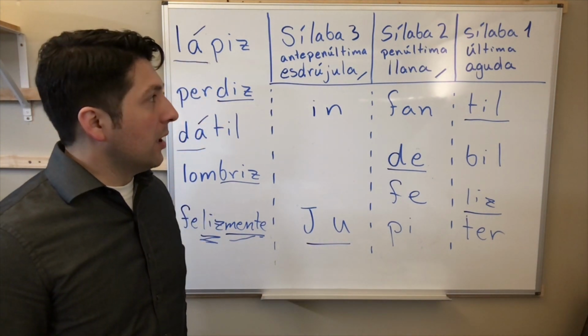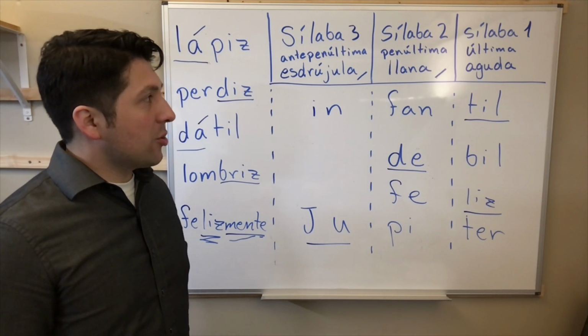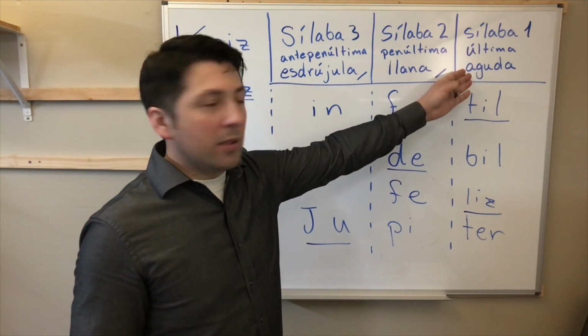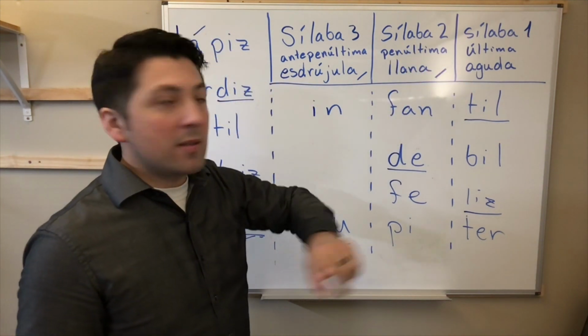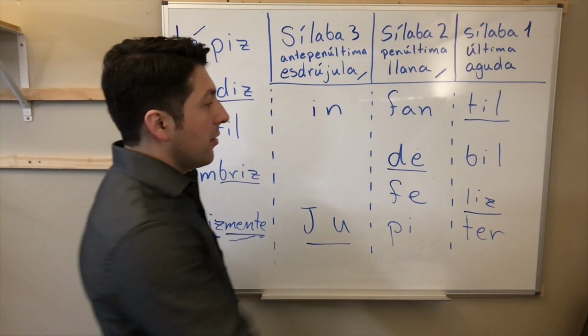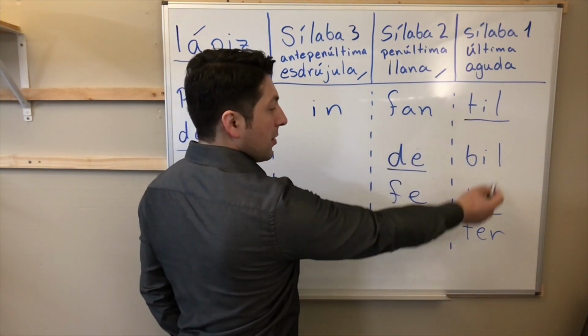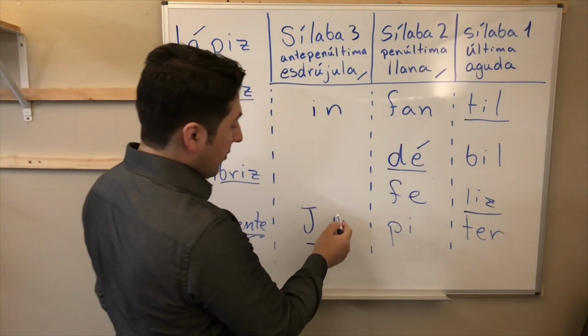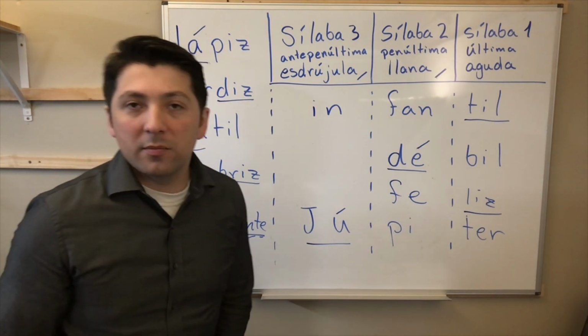We have the stress here. Now we're going to apply these stress rules. If the stress is at the end, syllable 1, you do not mark the stress. If the stress is anywhere else, you mark the stress. Therefore here we will not mark it, but over here we will, and over here we will.